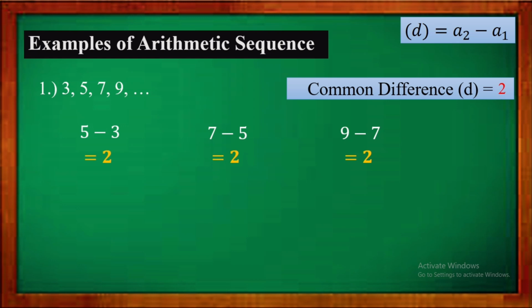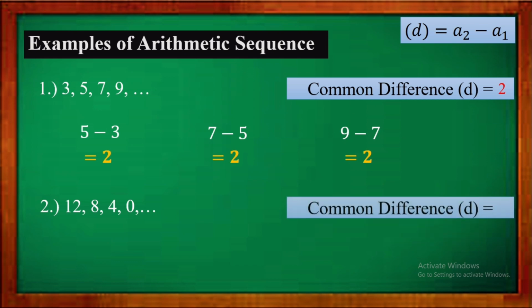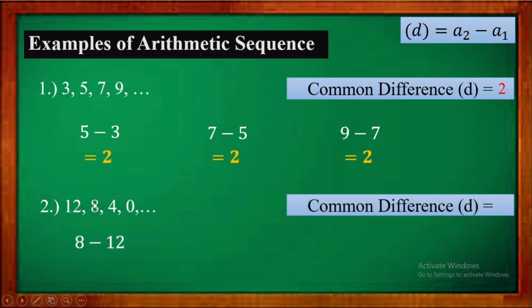Let us have another one. For example number 2, just like what we did in example number 1, we are going to prove if this is an example of arithmetic sequence by checking its common difference. We have the second term, which is 8, minus the first term, which is 12, and their difference is negative 4.